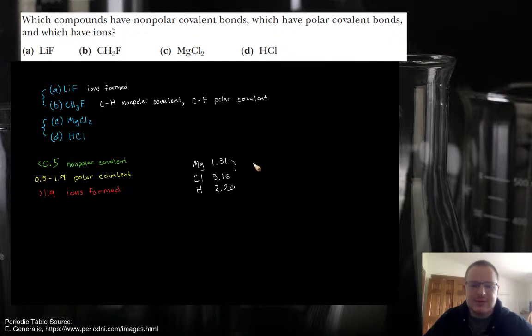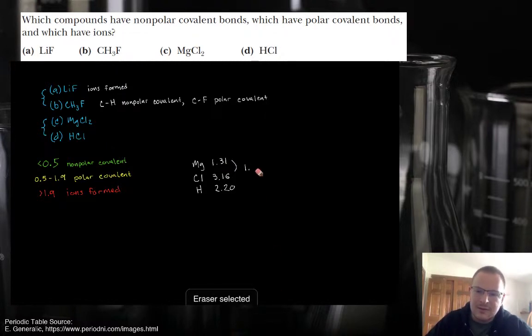So for the magnesium-chlorine bond, we have a difference of... what is that? 1.75. 3.16 minus 1.31.